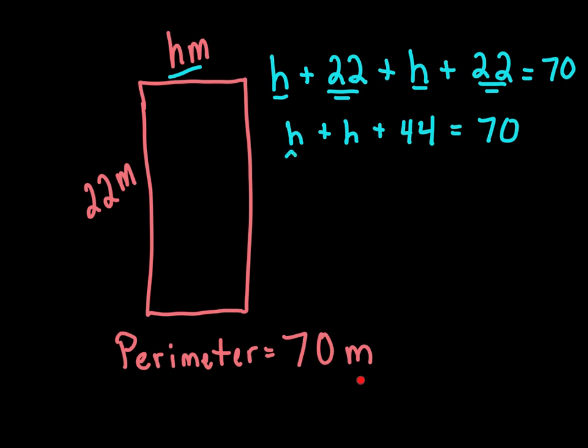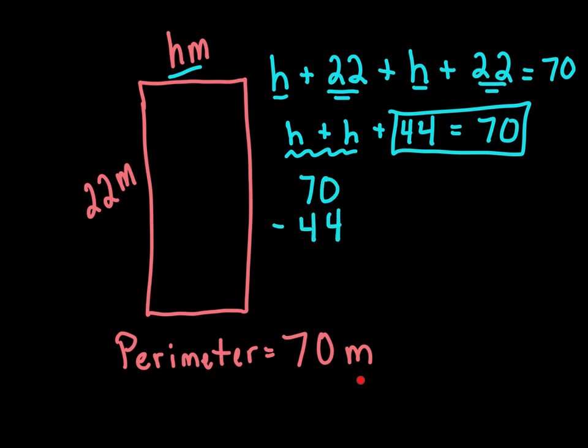So how are we going to solve for H? What I'm going to do is take these 2 numbers and subtract it from the total. So when we do that, we're going to get 26.